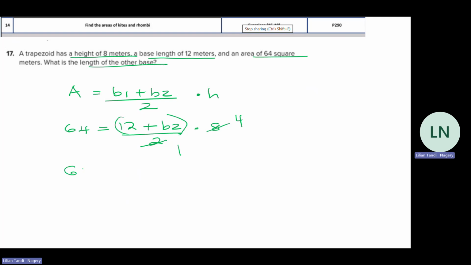So now I have 64 equals 12 plus B2, and I'm multiplying by 4. I will divide both sides by 4. This 4 and this 4 go away. 64 divide 4, what do I get?